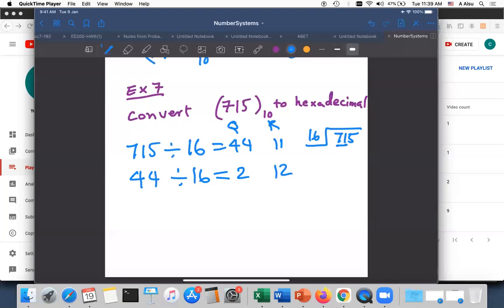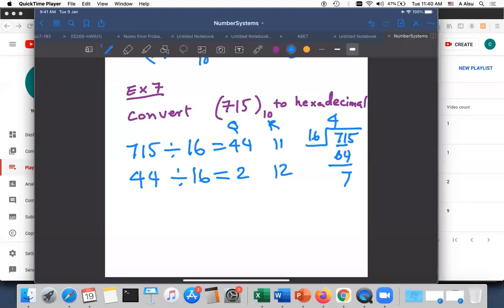There are 4, because if you multiply 5 by 16, you get more than 71. So it's exactly 4. 4 times 16 is 64, and then you subtract that from 71. You get 7. 71 minus 64 is 7.